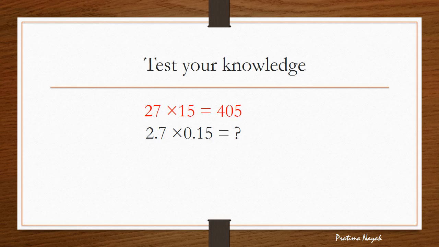Now 2.7 into 0.15. How many places? You leave three places after the decimal. So the decimal will be put from the right side, leaving three places. So it will be 0.405.